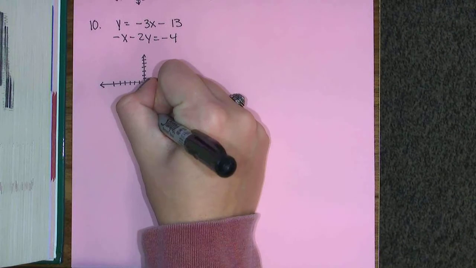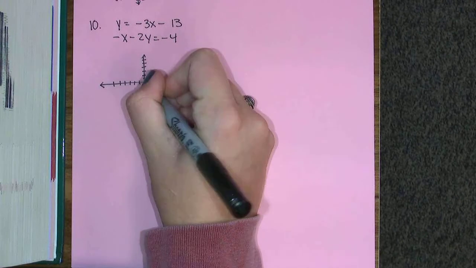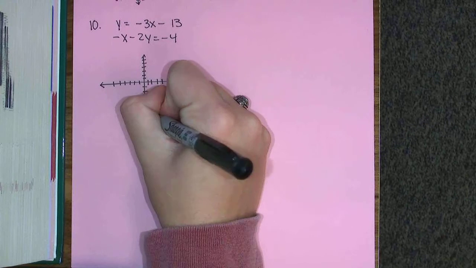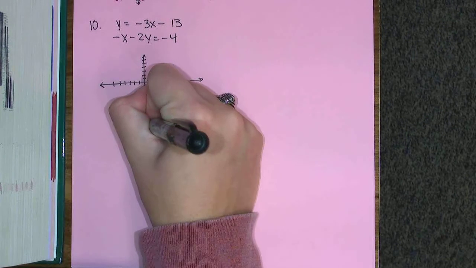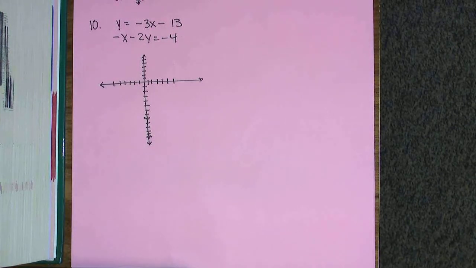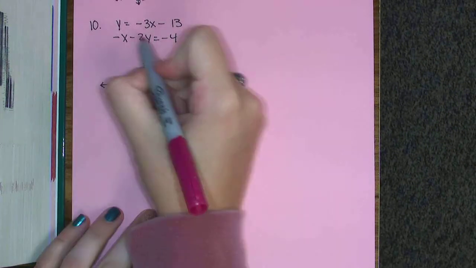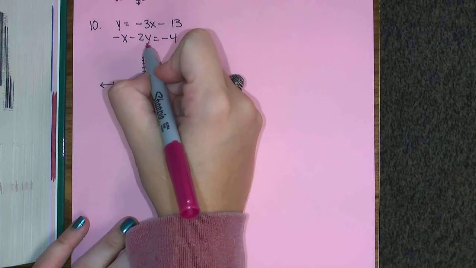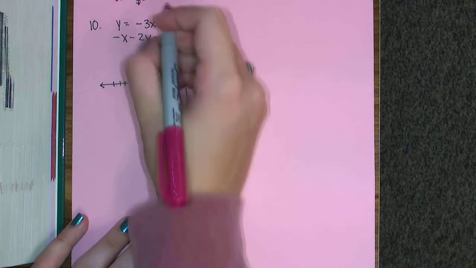I guess I need to go down farther than I went down. All right, so we need to modify equation 2, probably is the easiest way to do it. So I need to add x over and then divide by negative 2.